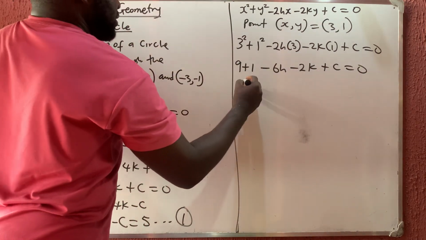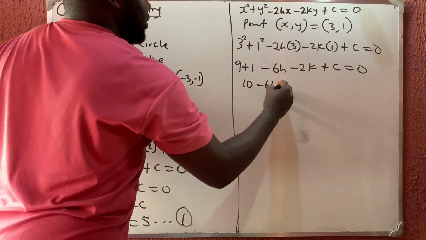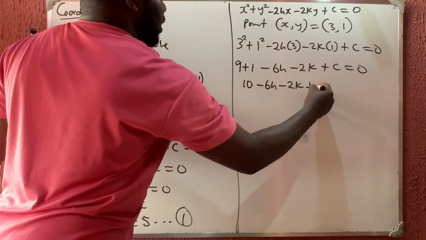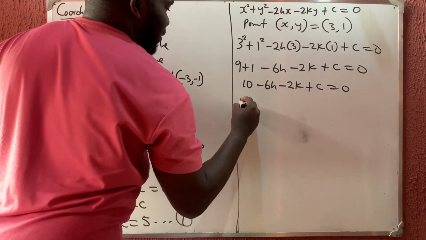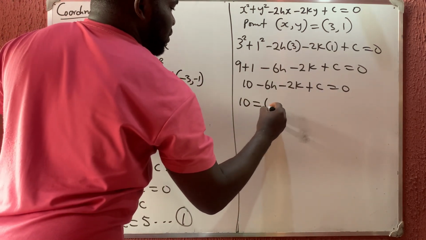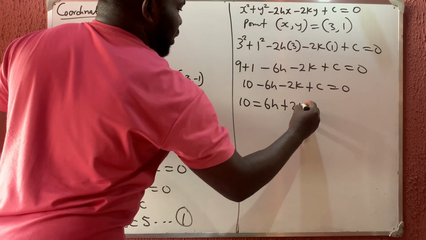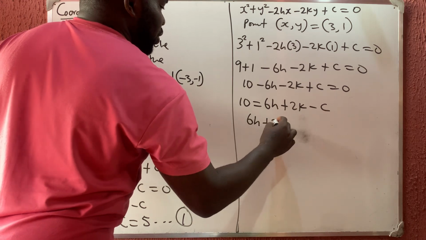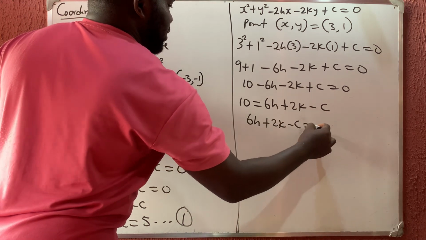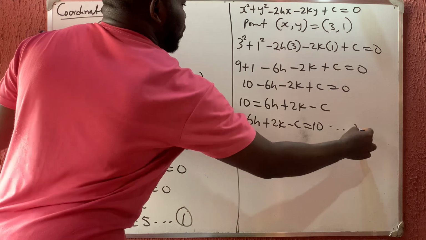So this and this is giving me 10 minus 6h minus 2k plus c equal to 0. So if I move these to this side, I'm going to have 10 is equal to 6h plus 2k minus c. So if I write it, I'm going to have 6h plus 2k minus c is equal to what? 10.